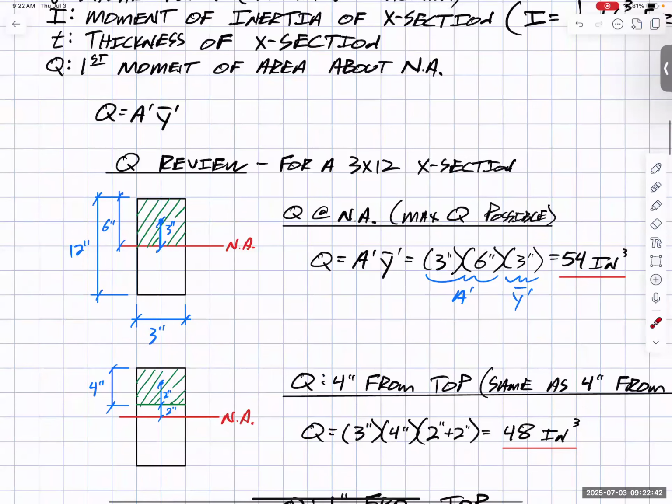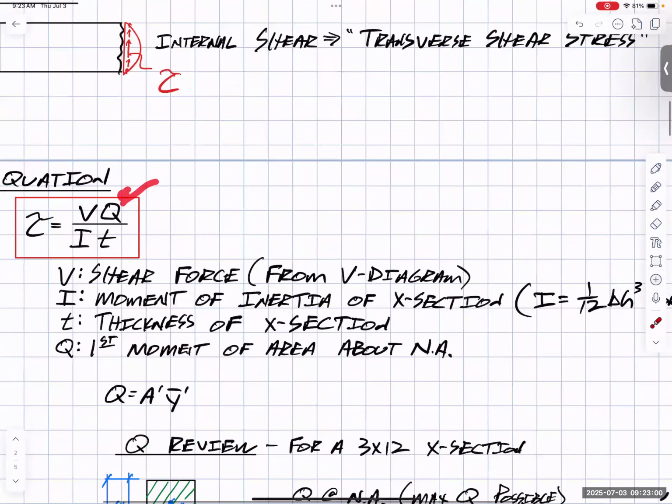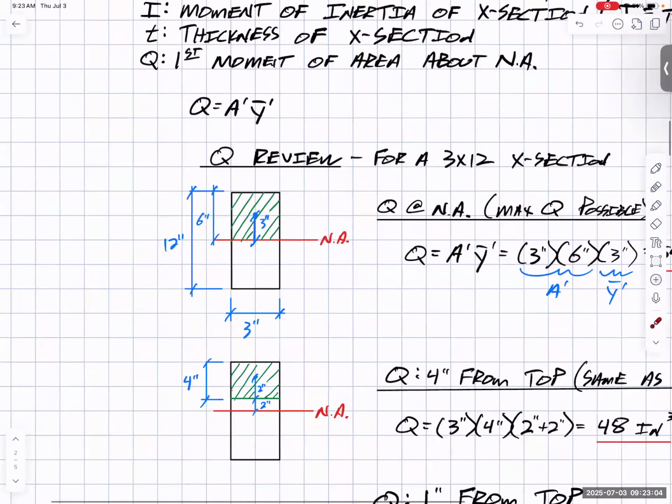So let's see how that works. Let's say I had a 3 by 12 cross section, meaning this is 3 inches wide by 12 inches tall. And I want to find Q at various heights. Let's start with Q at the neutral axis. This is the maximum Q that I can have. And because it's the largest Q, it'll also probably be the largest shear stress. In fact, it will be for a rectangle.